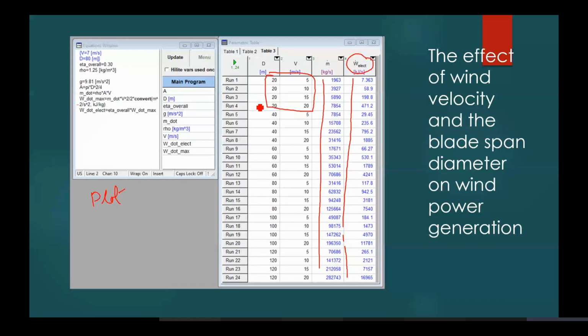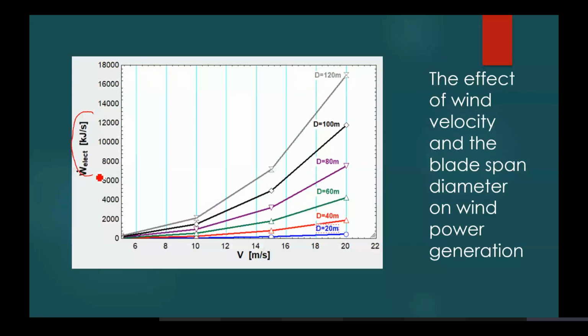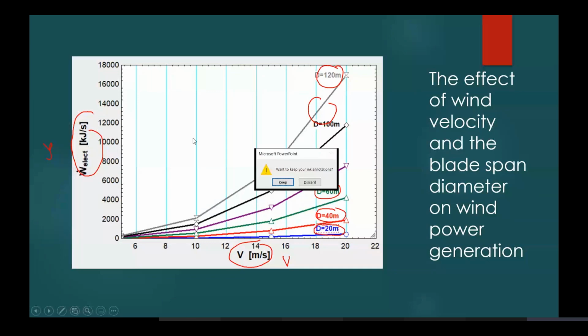So I have chosen my y-axis as W electrical and my x-axis as V, and I have selectively plotted one by one 20, 40, 60, 80, 100, and 120 meters diameter. You can plot on top of a plot using a command in the plot tab. This is the basics of this EES software.